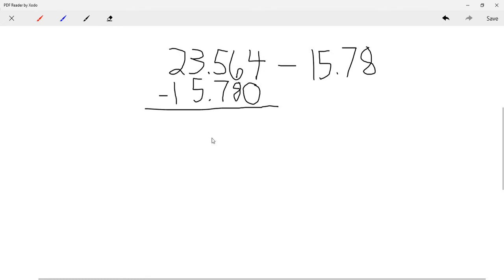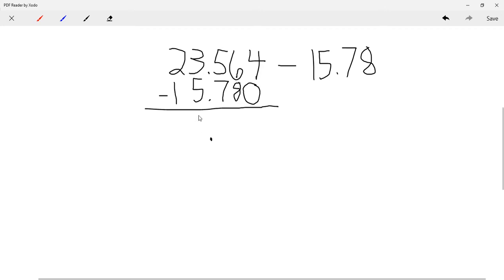Now, I like to just drop this decimal down right here, right at the beginning, just so I don't forget. Because a lot of students will forget, and they'll get some answer that without the decimal is in the thousands instead of closer to 8, right?